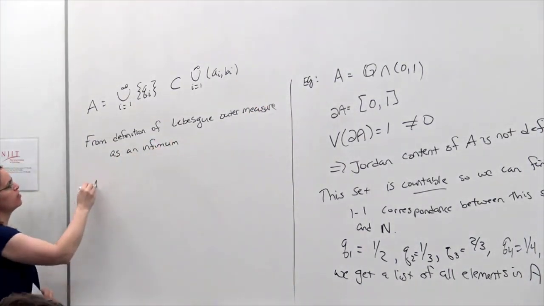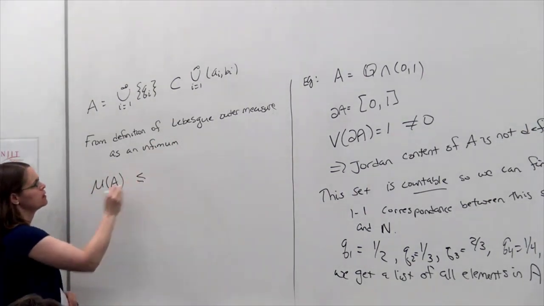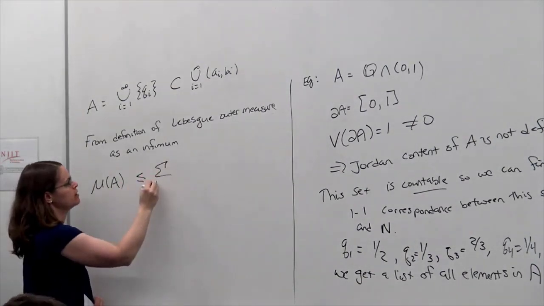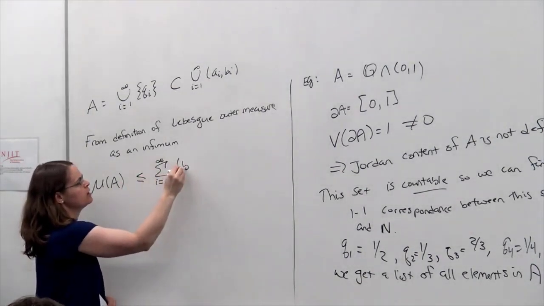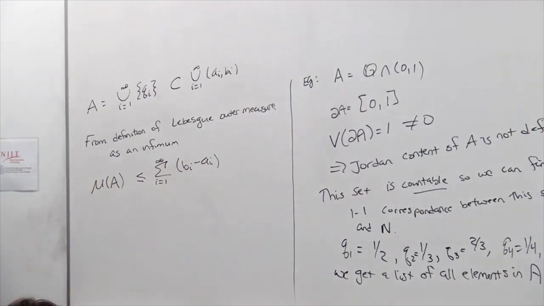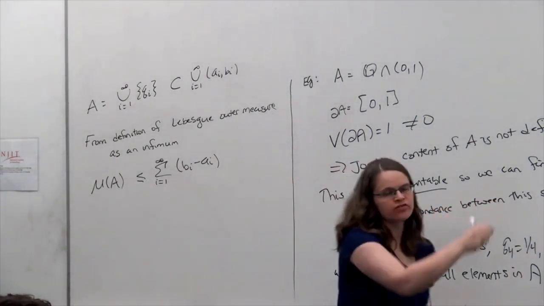we know that the size of this set is going to be less than or equal to the sum of these interval lengths. We know what these interval lengths are.